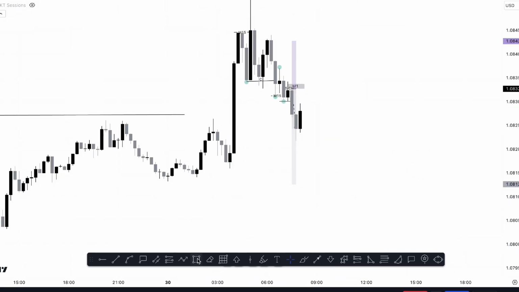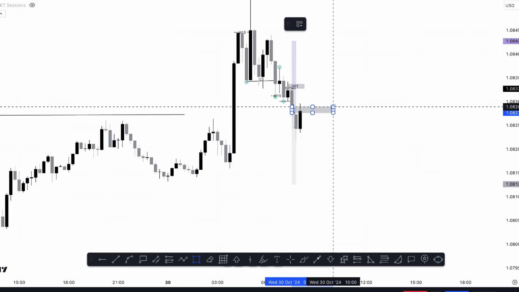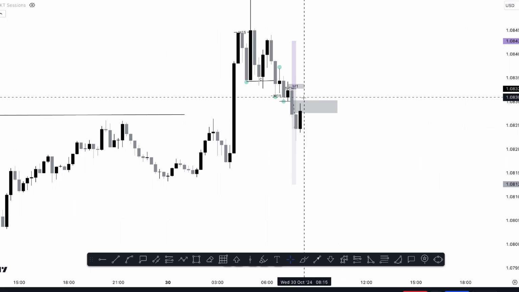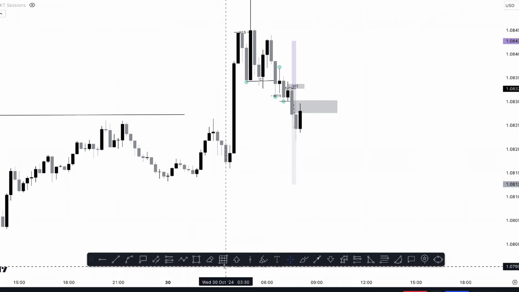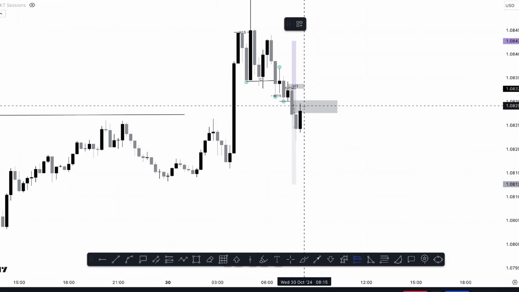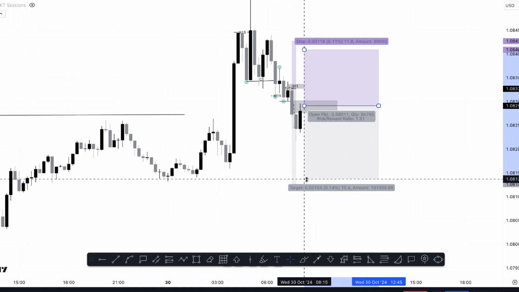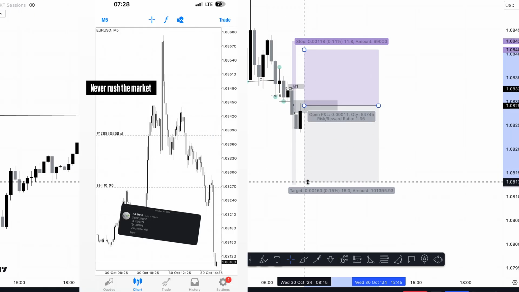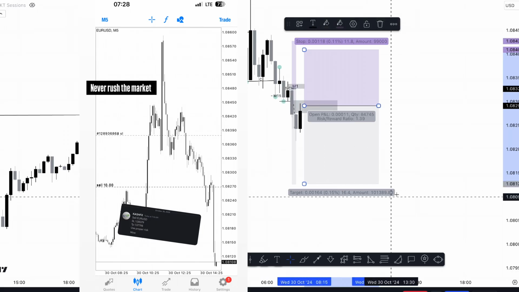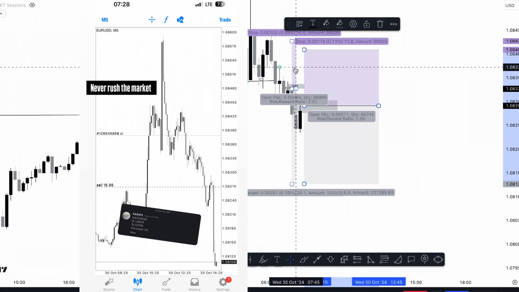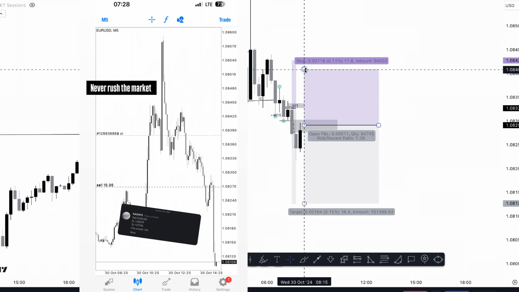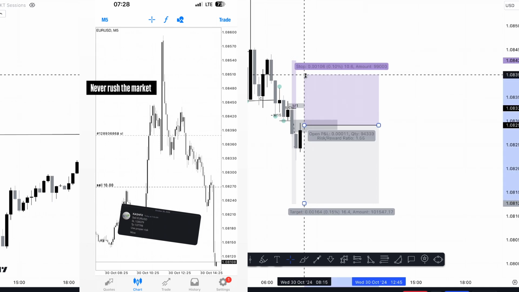Price left this fair value gap here as an area of entry. Once price tapped inside the fair value gap, that's when I got in, and I targeted 15 pip, pretty much the same as what should have been my initial entry, and I put my stop at a 10 pip stop.